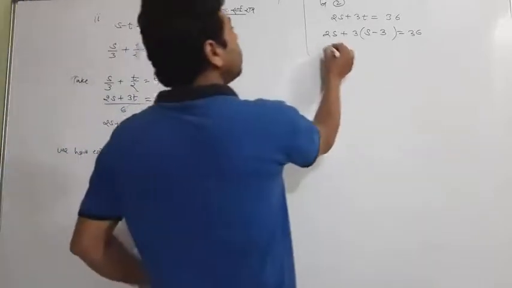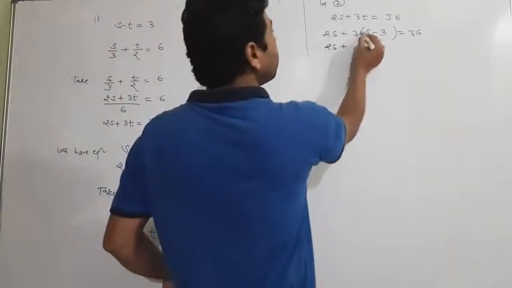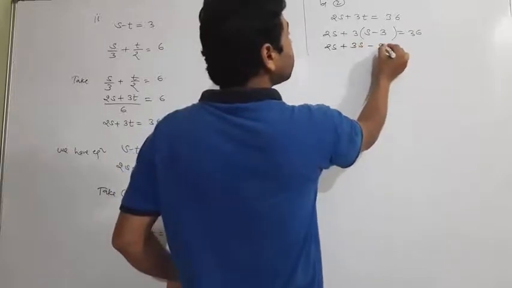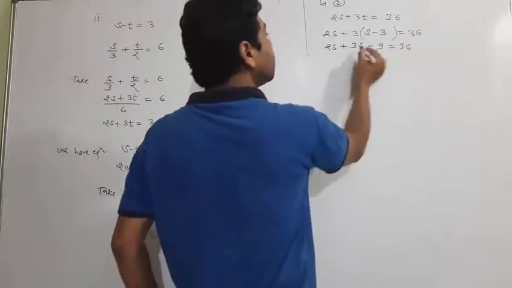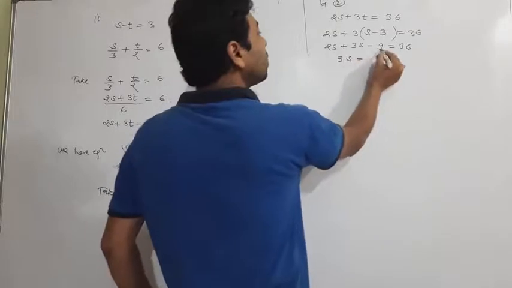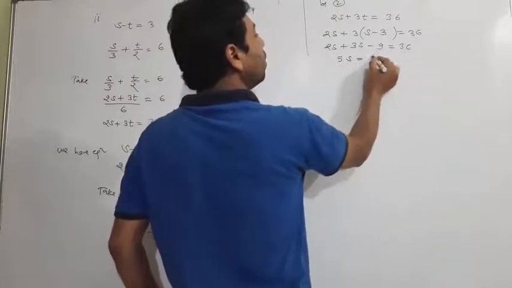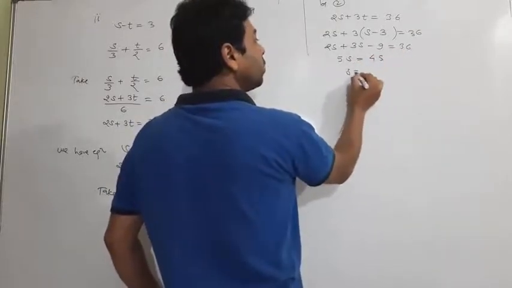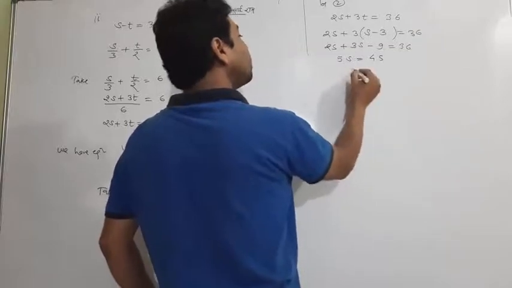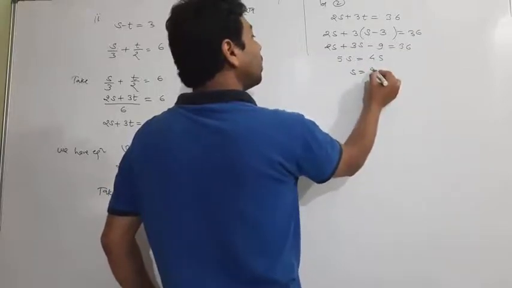So 2s plus, multiplying, 3s minus 9 is equal to 36. These two give 5s is equal to, transferring, 36 plus 9, which is 45, and s is equal to 45 by 5, which is 9.